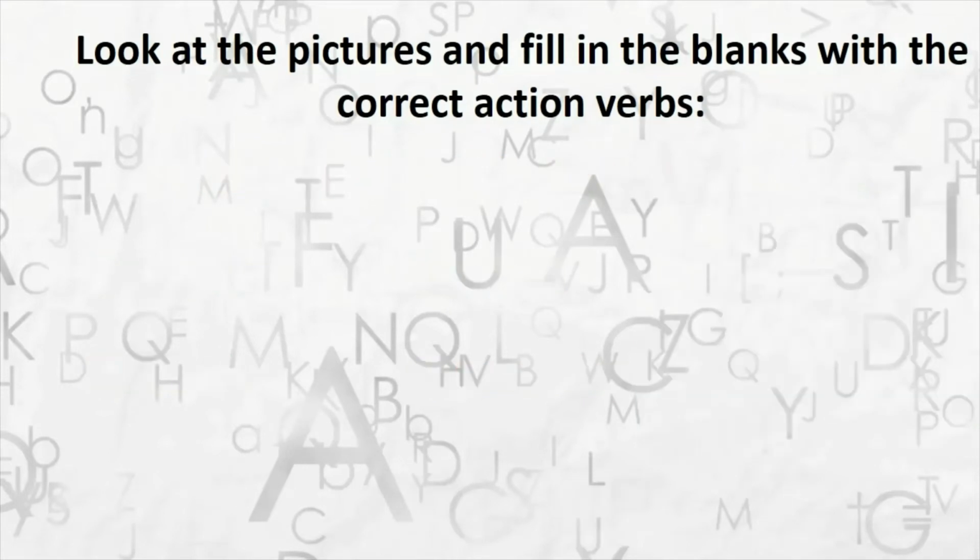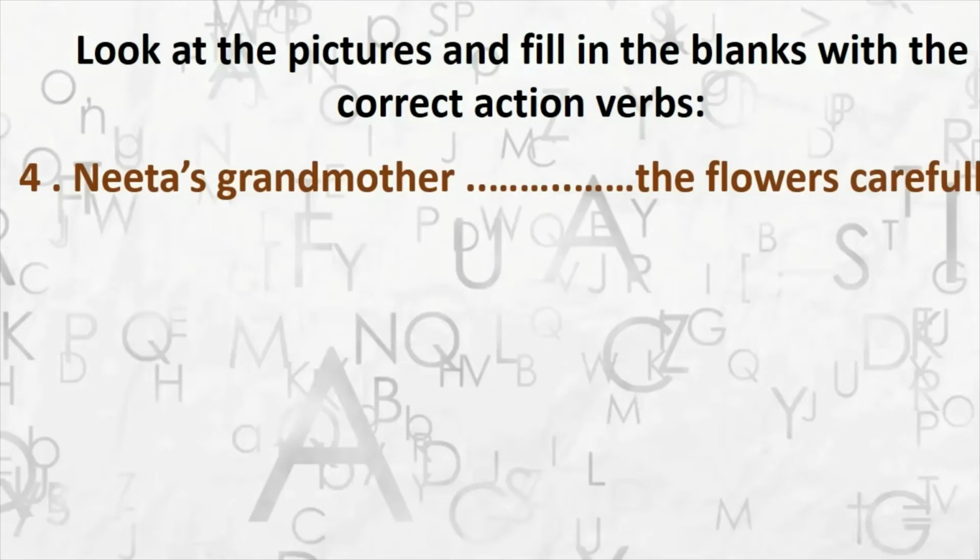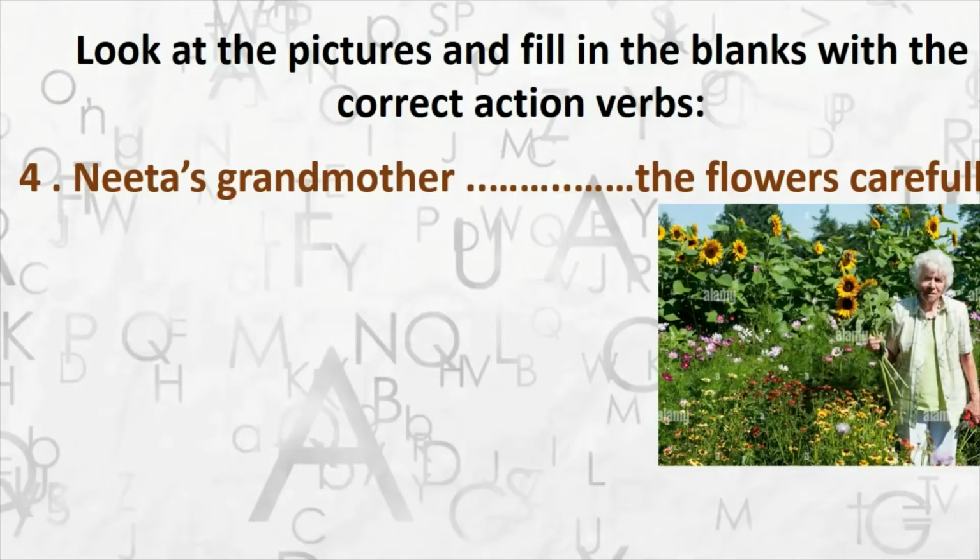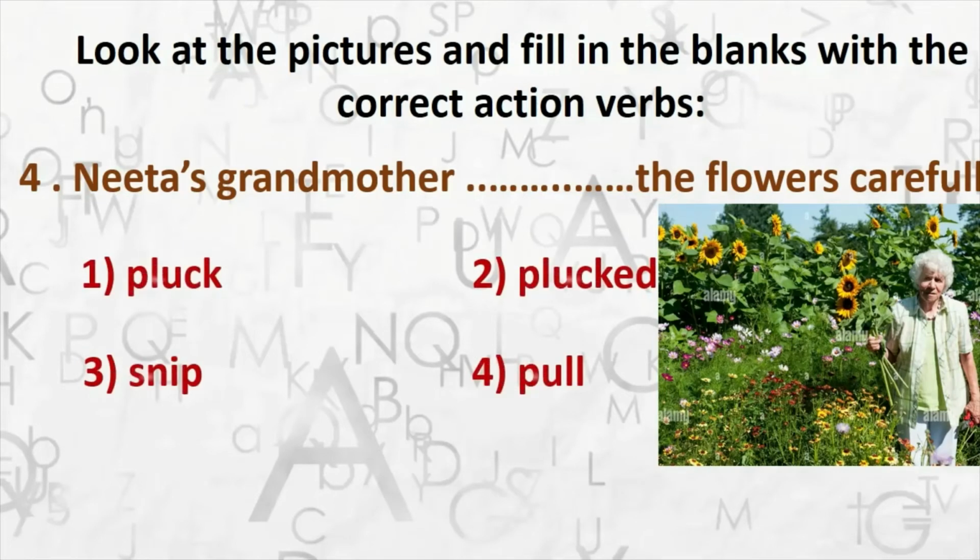Moving on to the second last example in this particular pattern. Neeta's grandmother dash the flowers carefully. So now Neeta's grandmother is up to doing something with flowers. Let's see what it is. Is it pluck the flowers? Is it plucked the flowers? Is it snip the flowers or pull the flowers?